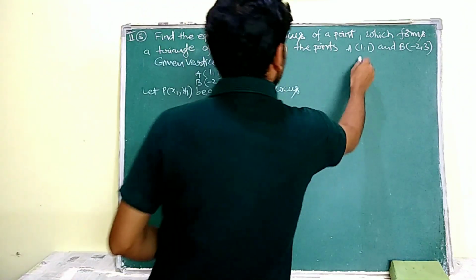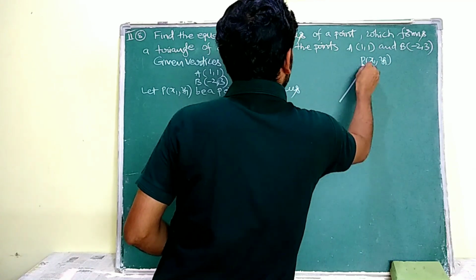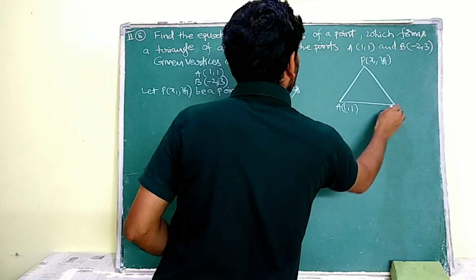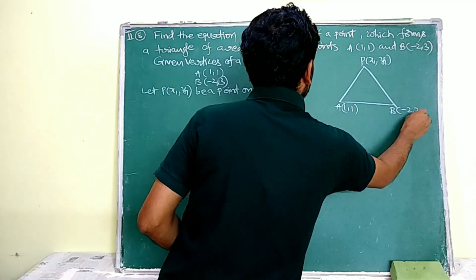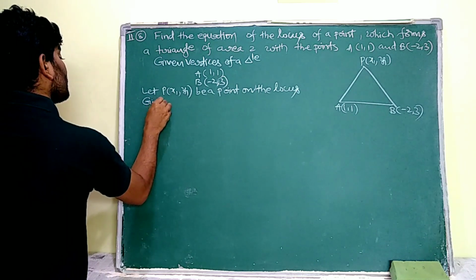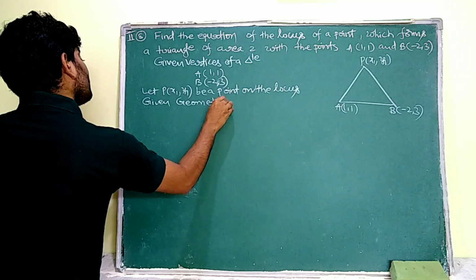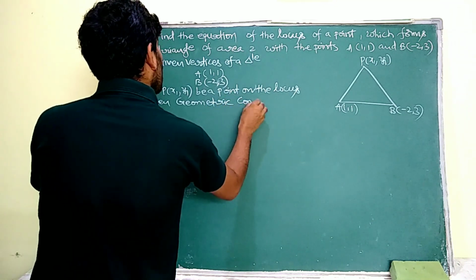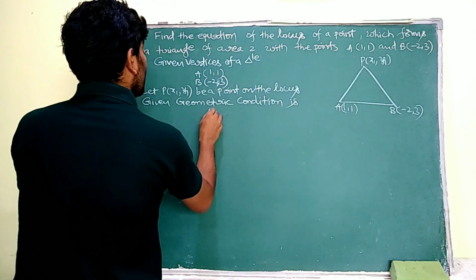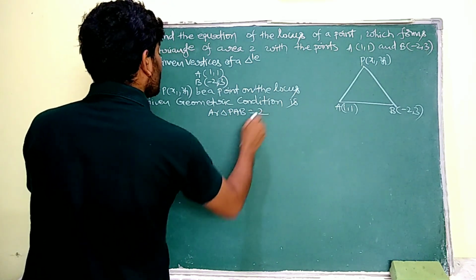So firstly write that P (x1, y1), and A (1, 1), B (minus 2, 3). Given geometric condition: the given geometric condition is area of triangle PAB is equal to 2.